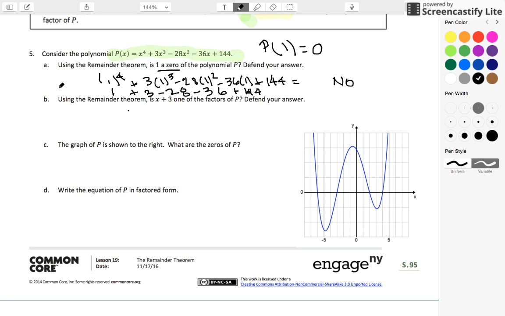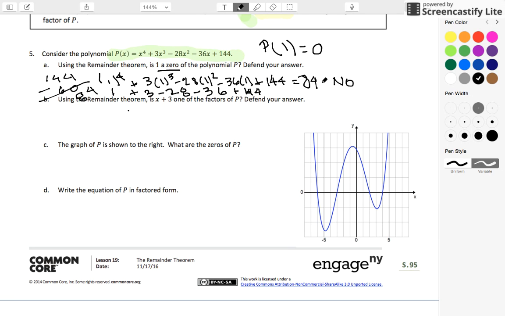Negative 24 minus 36 is negative 60, and then negative 60 plus 144 will equal 84.